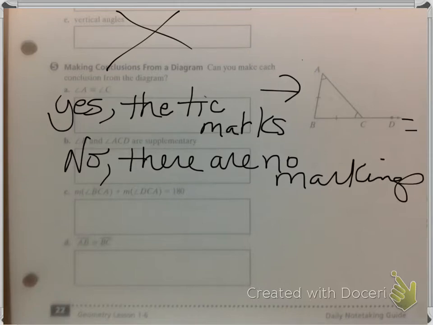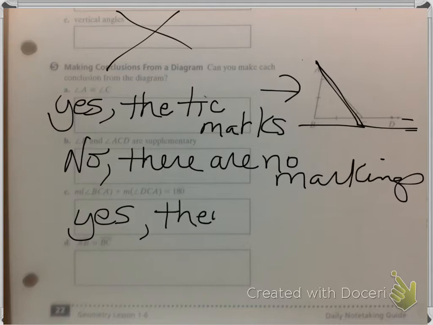All right, 2 more examples. It says the measure of BCA and DCA add up to 180. Well, let's look. BCA, DCA. You know what? They make a straight line. So yes, they would add up to 180. Yes, they make a straight line.